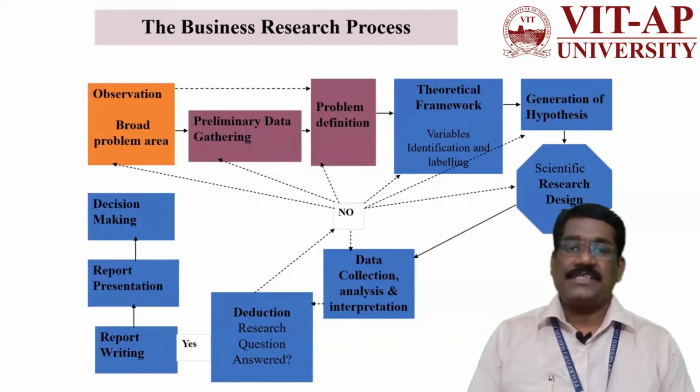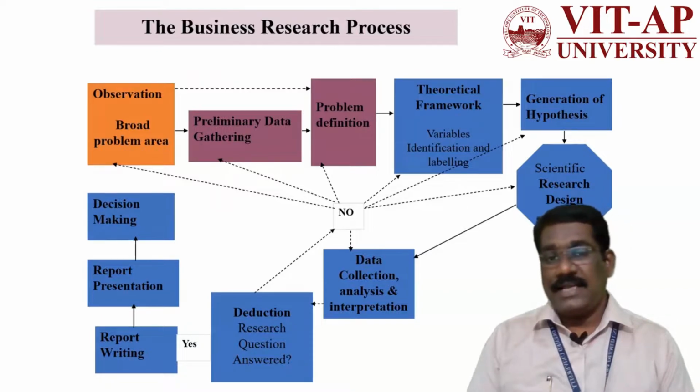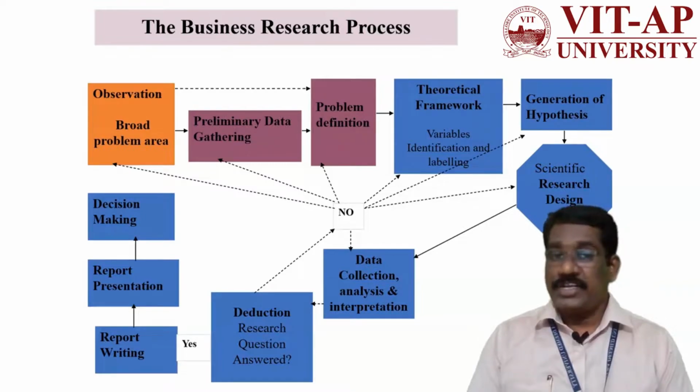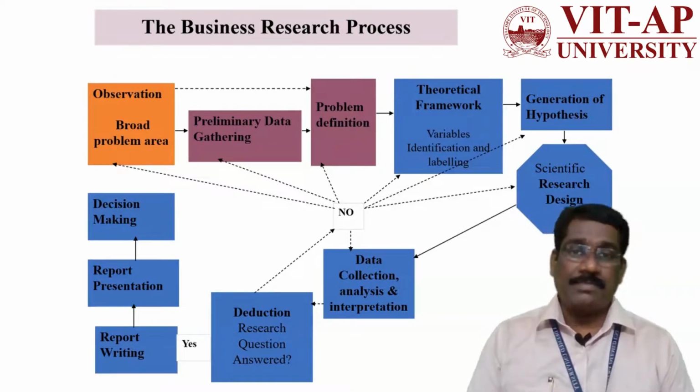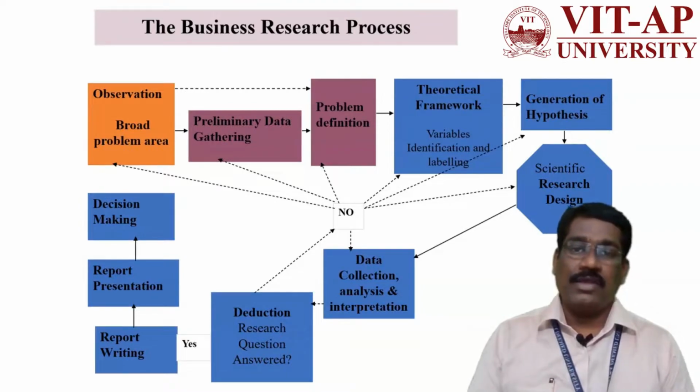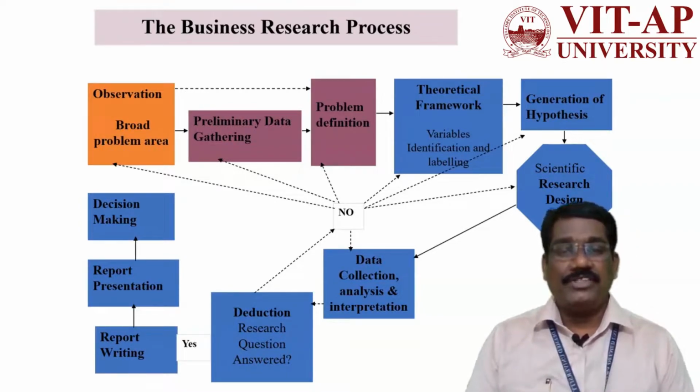Then he has to precisely define the problem. Then, once he does, collection of information associated with the concerned departments and stakeholders, he has to arrive at the theoretical framework. It means that you need to go for the variable identifications.